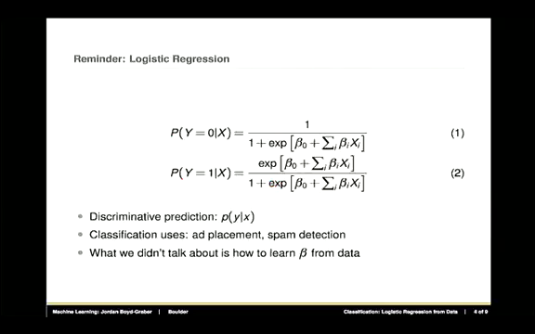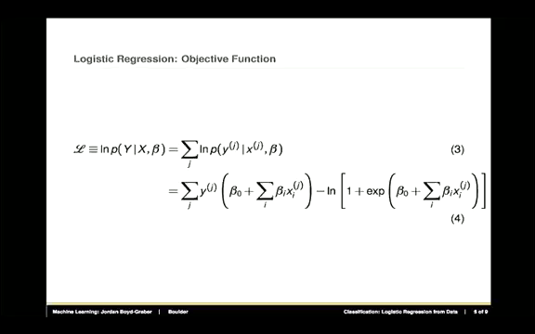Okay. All right, so logistic regression. For the binary case, this is what the equations look like. And we want to do discriminative prediction, probability y given x, and we want to learn a beta given some examples. Okay, so our objective function looks something like this.